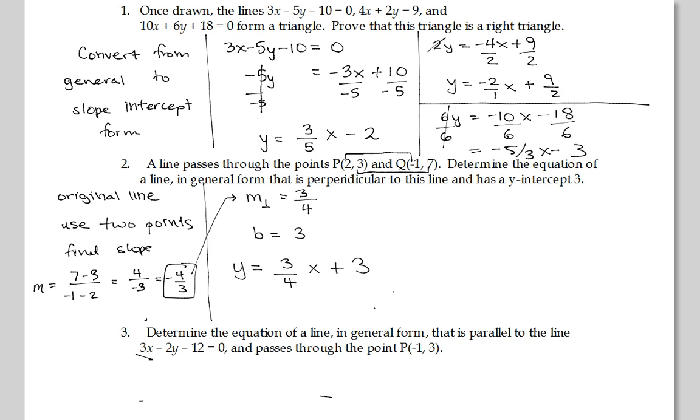Okay, hopefully you have this equation written down. Now, if I told you that this equation is not allowed to have any fractions, no fractions, what do you need to get rid of? The 4. So if you have a 4 in the bottom, you need to put a 4 in the top. And if you're going to put something in your equation, whatever you do to one side, you have to do to the other.